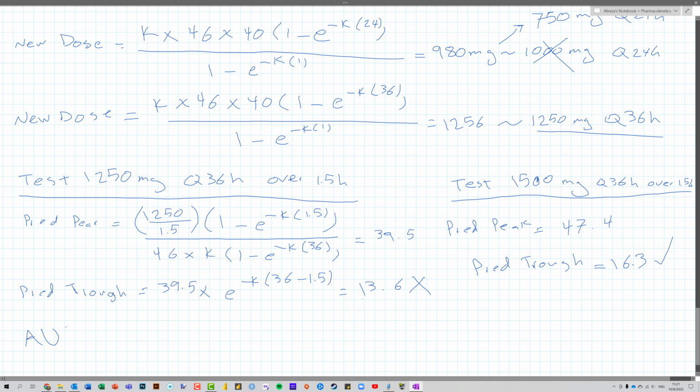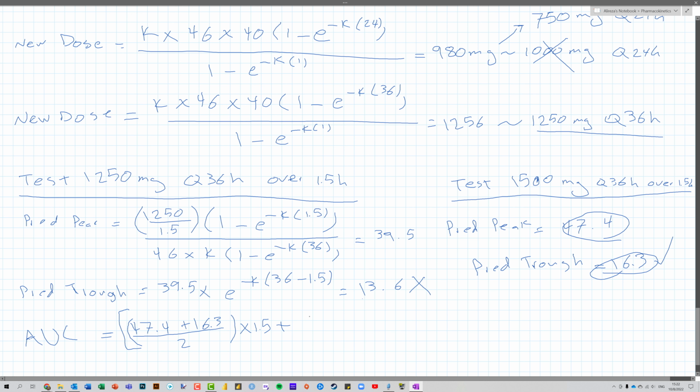So, predicted AUC would be, we're going to use these two numbers: 47.4 plus 16.3, divided by 2, times the time of infusion, which is 1.5.